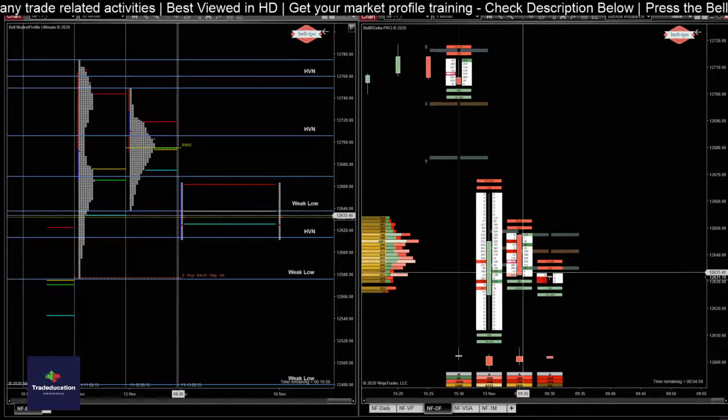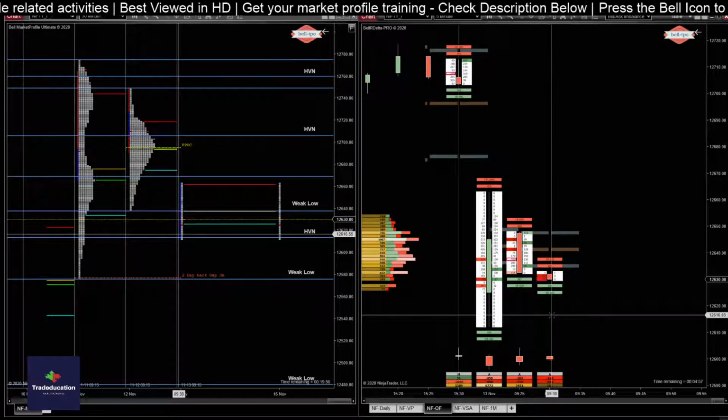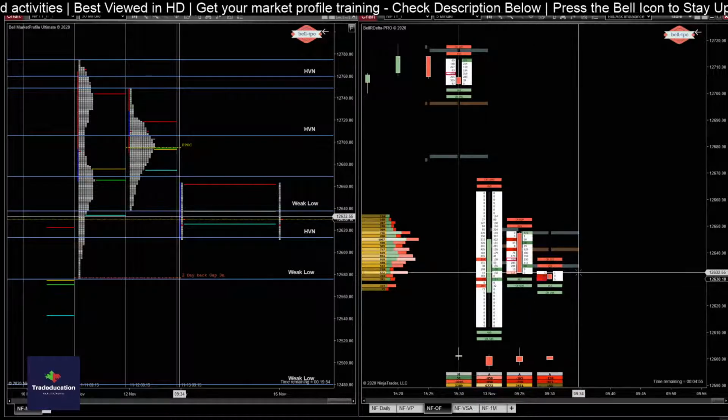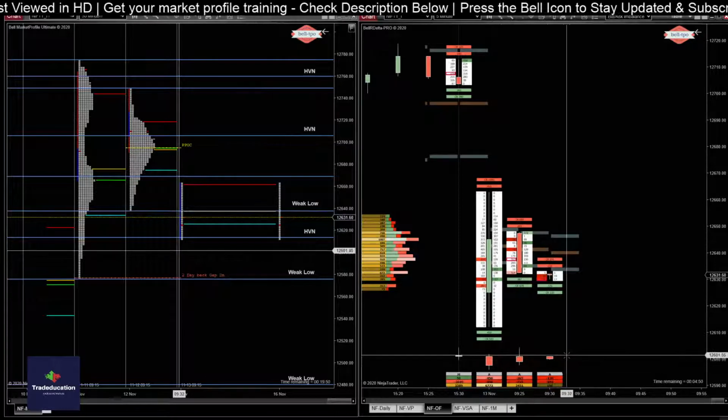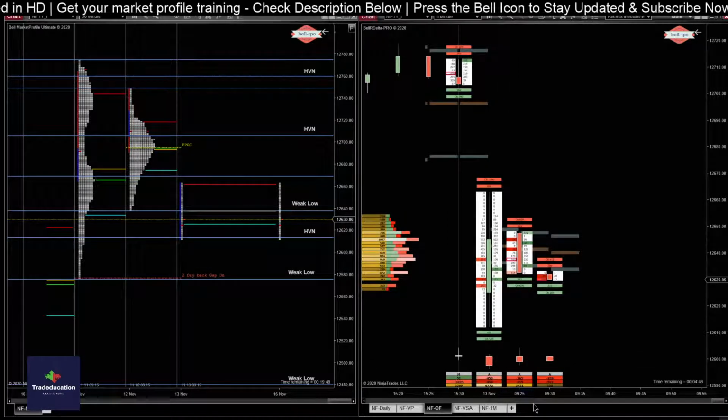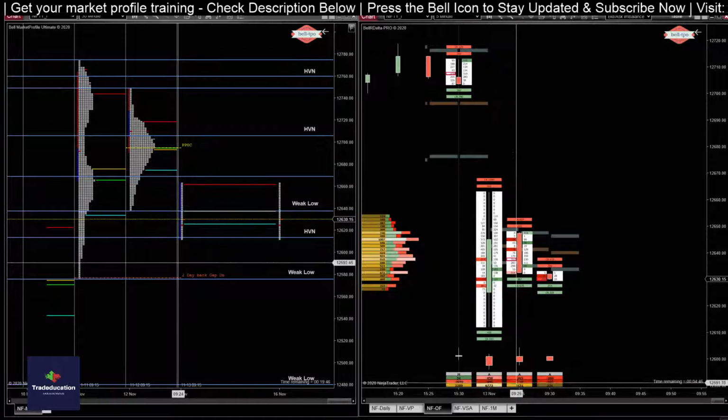Okay, you should be out of the trade now. Your stop loss should be hit. Okay, so negative momentum, negative delta, 6,700 to 3,400.